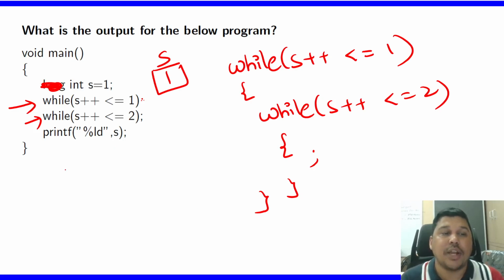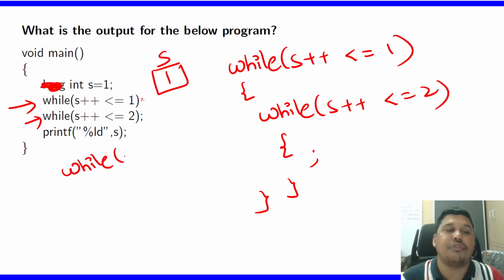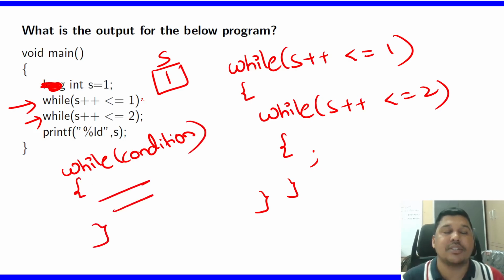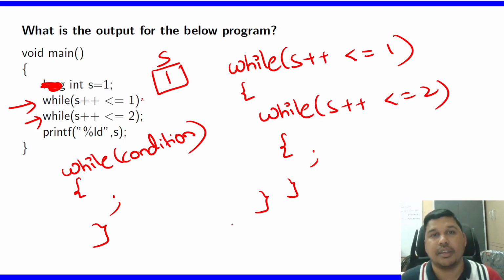Generally we write a while loop like this: while of condition, and then we open and write some set of statements. But if you don't want to write any statements inside while, you can just put a semicolon like this. Since there is only one statement under while, I need not include open and close brackets.